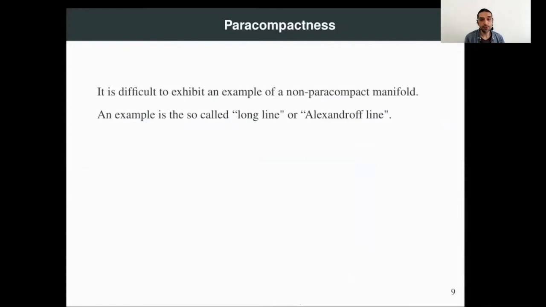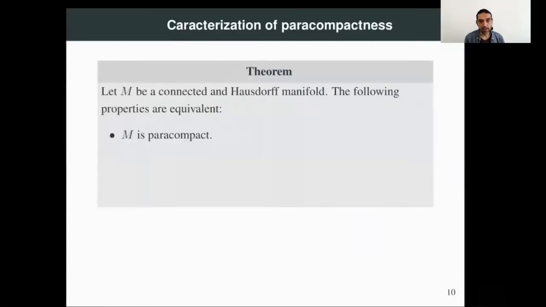It is difficult to exhibit an example of a non-paracompact manifold. For instance, there is a very famous one which is called the long line or Alexandrov line, but the construction is a little bit tricky. And we are going to see why it is not so easy to find such examples.